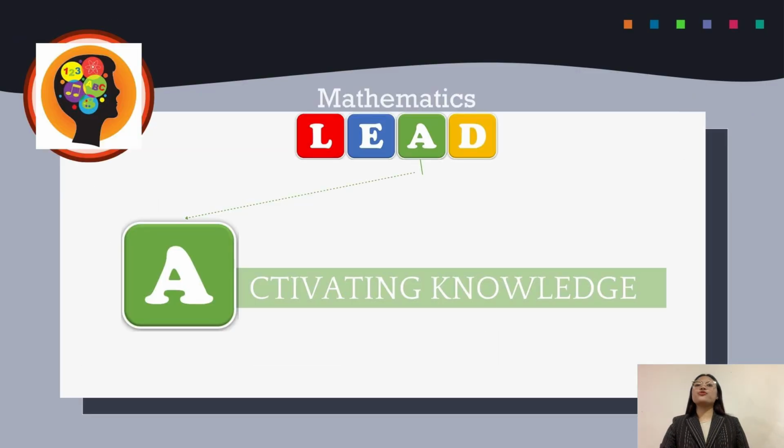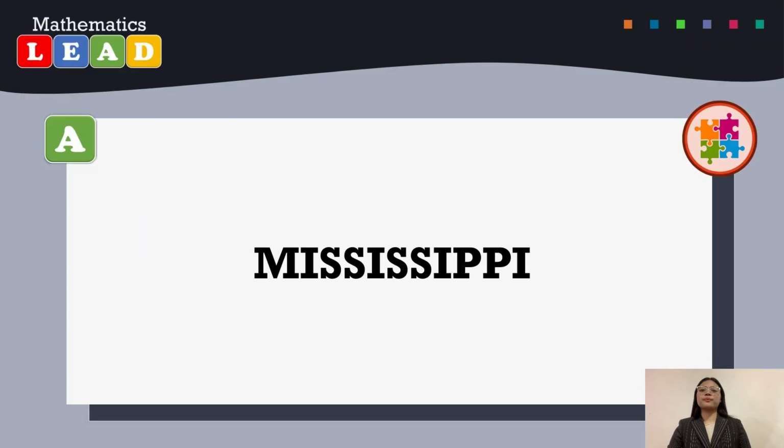Alright class, before we dive deeper into permutations, let's warm up with a quick word activity. Take a look at this word, Mississippi. What do you notice about this word? Anything interesting about the letters? Exactly! Some letters appear more than once.